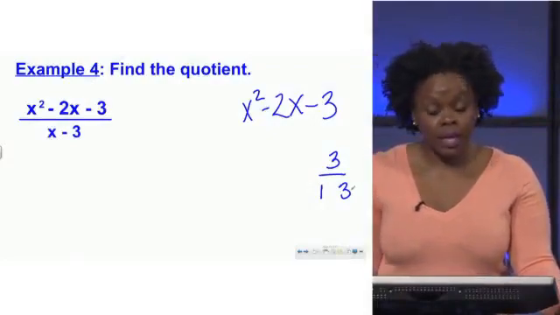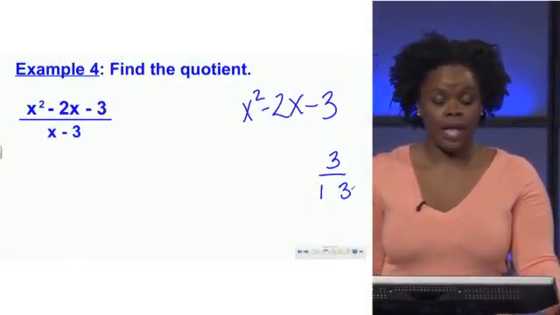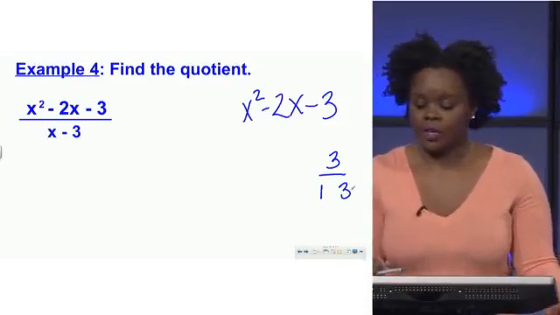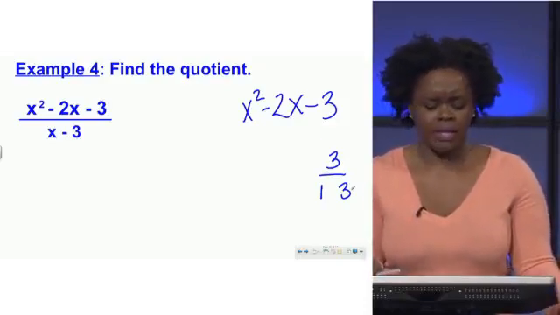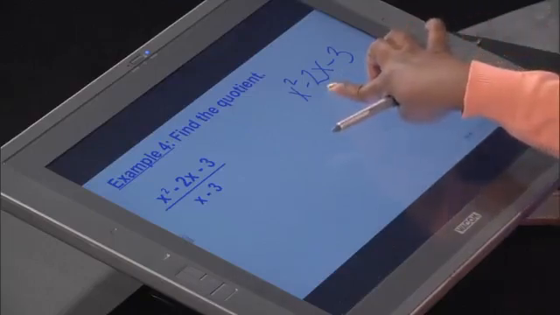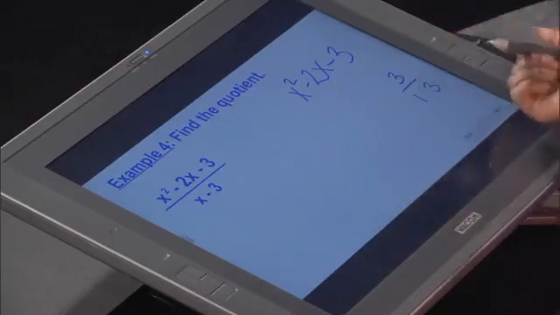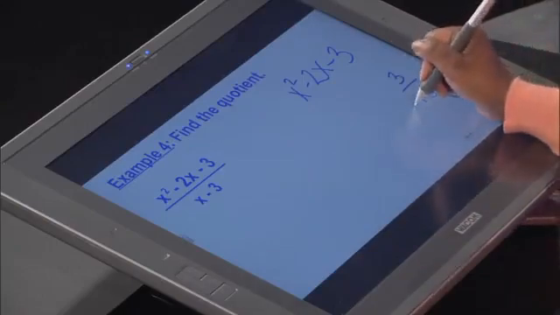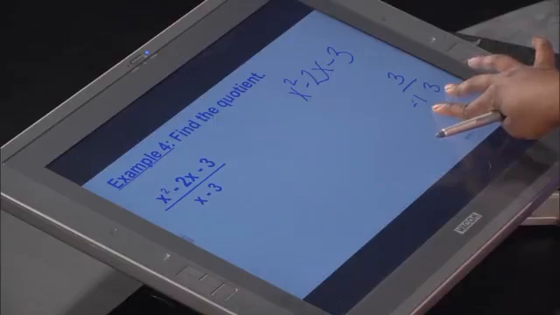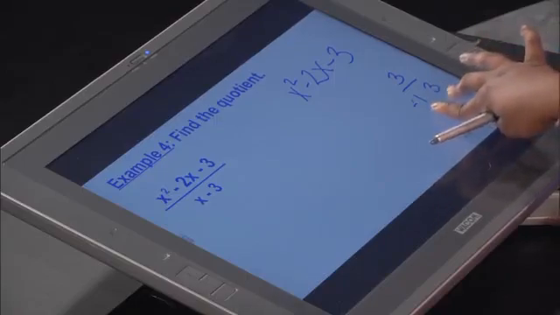Now, when I'm multiplying, if my answer is negative, that means I multiplied a negative number times a positive number. So I need to figure out which one of these is going to be negative, so that when I combine them, I also get -2. So what if the 1 was negative? Let's just try it. If the 1 was negative, -1 times 3 would give me -3, but -1 plus 3 is going to give me +2.